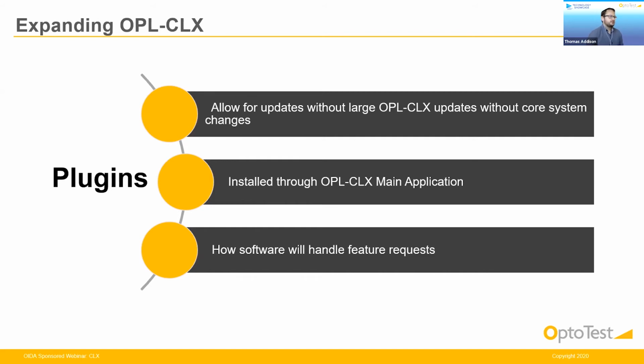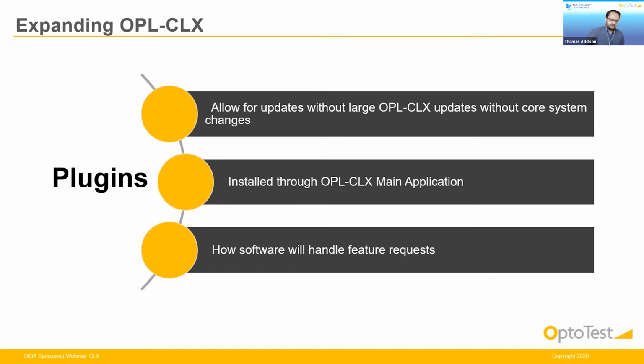What I mean by this is a customer can request a feature, or we make a change in the software, and we can send someone a plugin. They're installed through the OPL-CLX main application, so you don't need an entire software update to receive a new feature or expand on that. So the software is going to utilize our plugins to handle future feature requests and things of this nature.